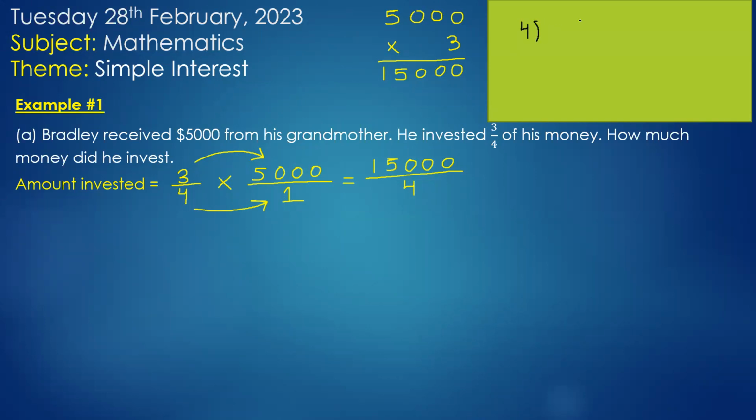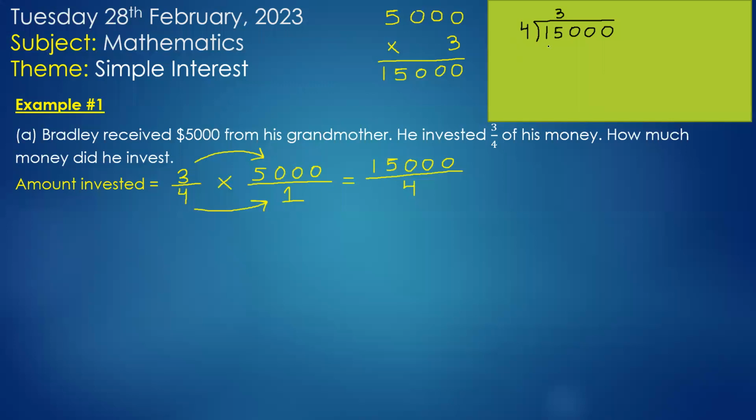How many times does 4 go into 15? 3 times, yes.